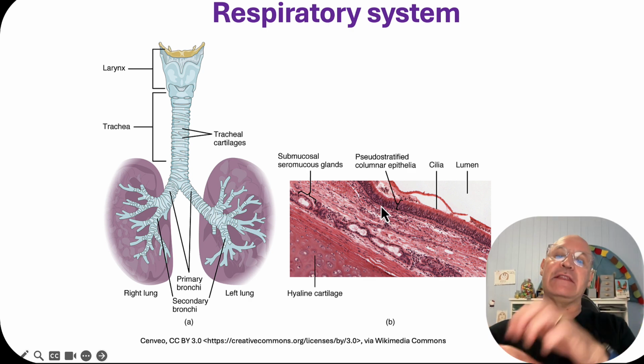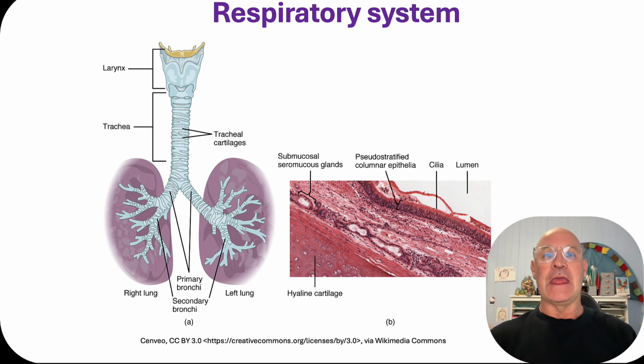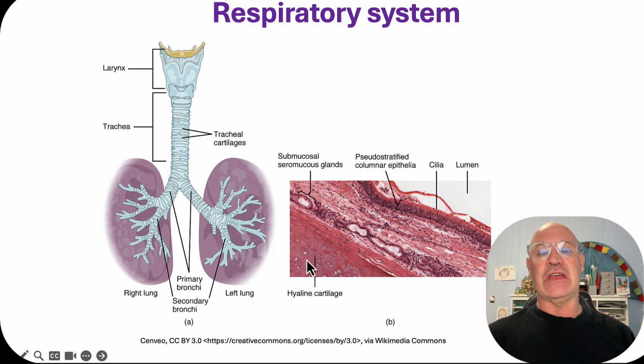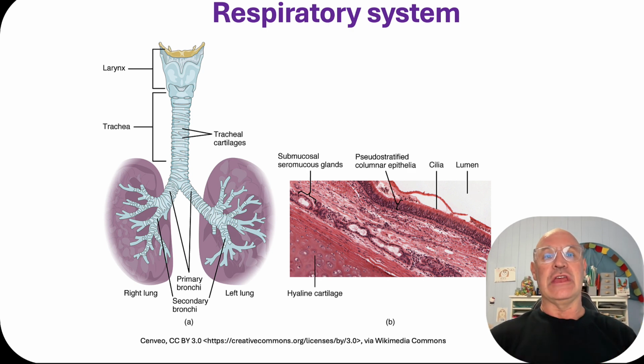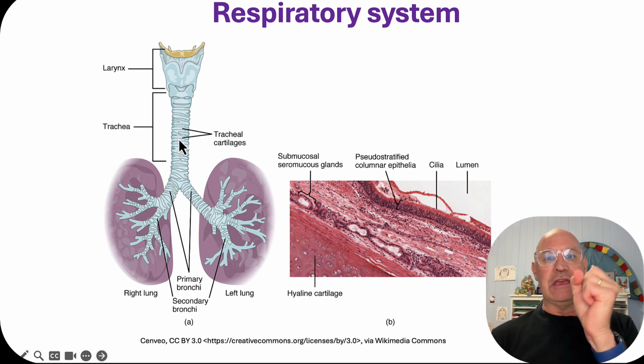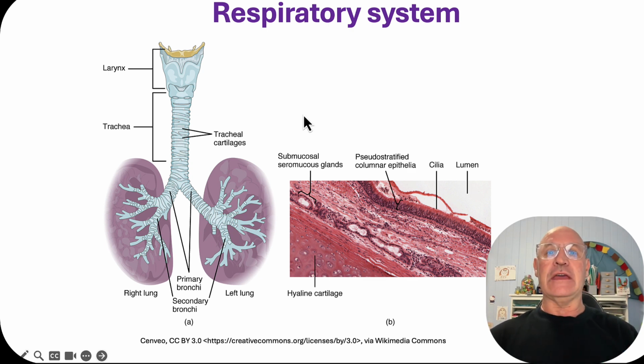It's always underneath the epithelium. And then after that, specifically, we have hyaline cartilage, a specific type of fibrous connective tissue, and that's what forms the cartilaginous rings of the trachea to stop the trachea from collapsing when we breathe in. Okay, so this is tissue from the trachea.